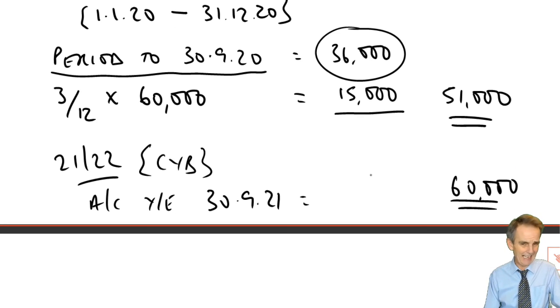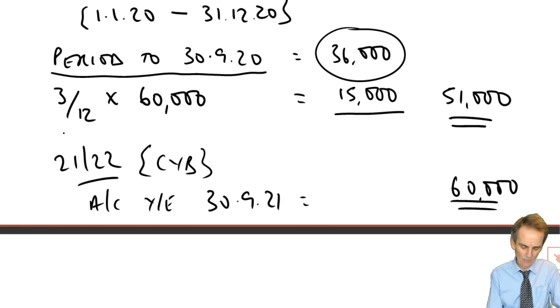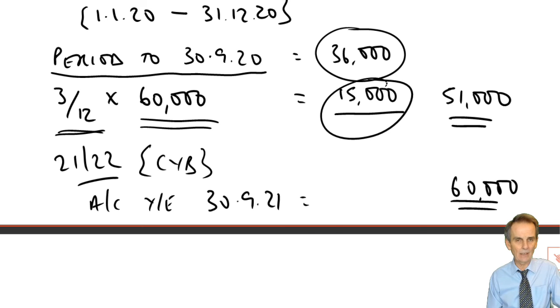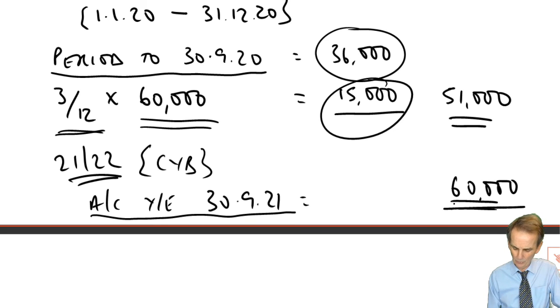And then it happens again. In that second year, we used 3 months' worth of the £60,000, a figure of £15,000 there. And then in 21-22, we've used the whole year end, the full 60,000. So here, 3 months worth of that 60,000 again has overlapped.